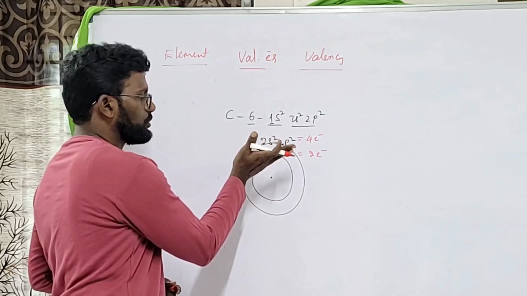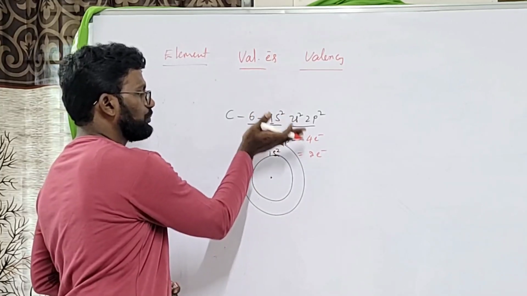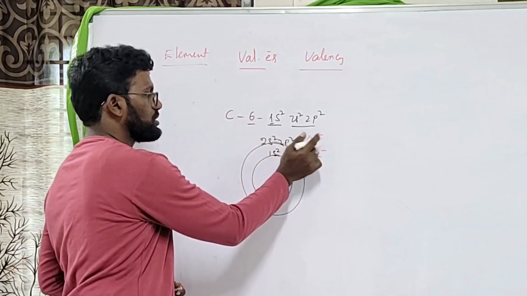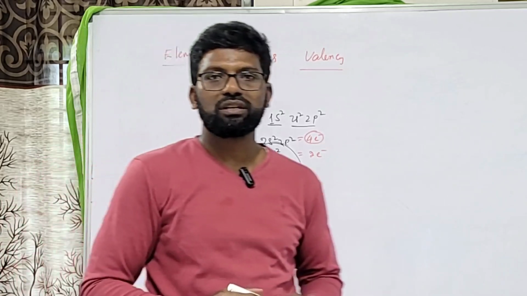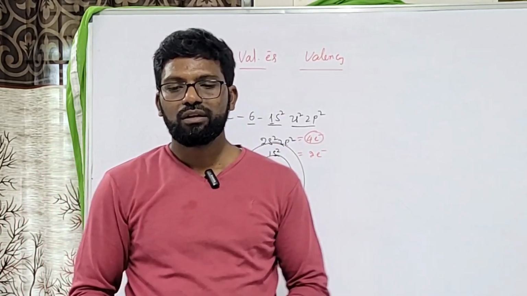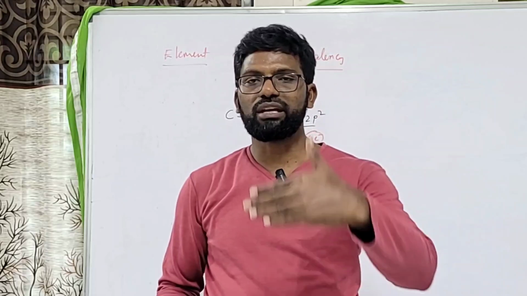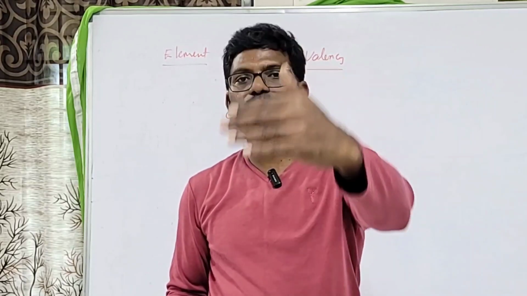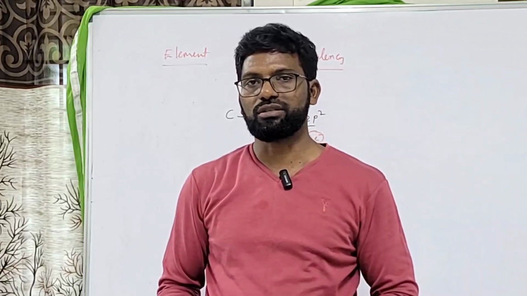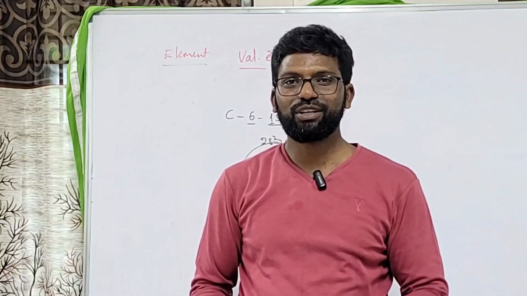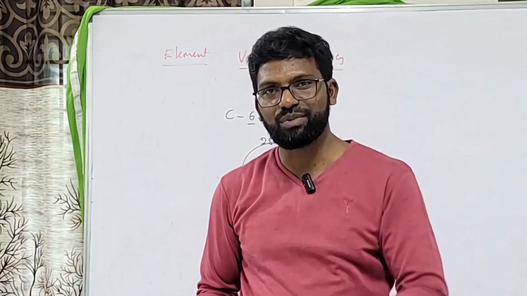So among 2 and 4, what are the outermost electrons? These are the outermost electrons. For example, say some students are in the class: in the first bench 4 students, in the second bench 4 students, and in the third bench, which is the last bench of the class, only 2 students. So how many students are there in the last bench?